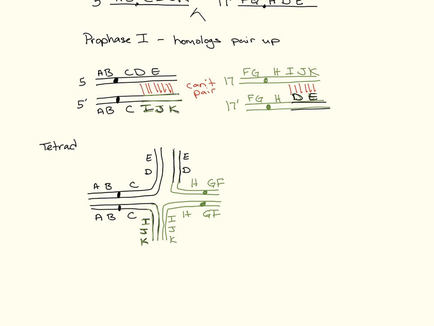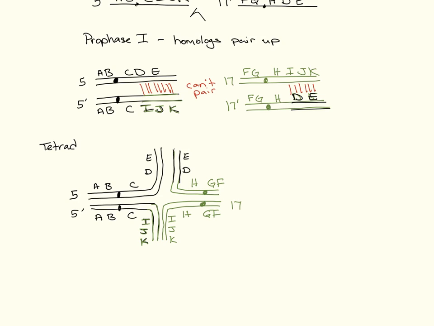So I've drawn out what this tetrad would look like, where this is our normal chromosome 5. This one is going to pair along most of its length. That's 5'. But then the part that has the translocation is going to try to pair with another part that has that same homology, which is part of our normal chromosome 17.